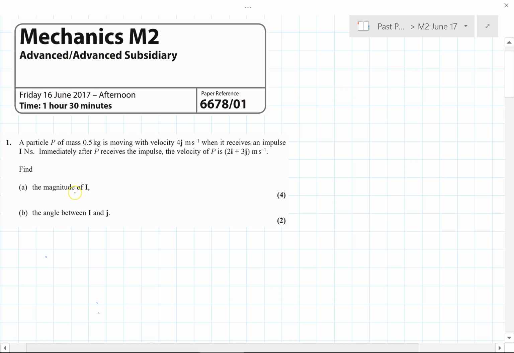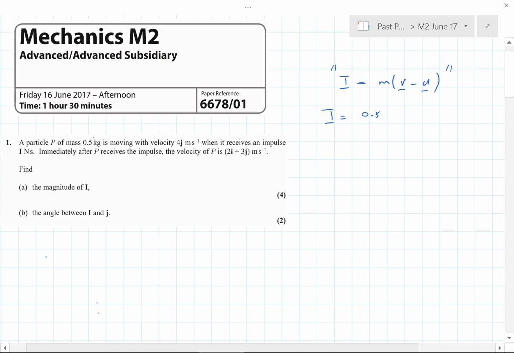Okay, we've got the magnitude of I, and the formula we're looking for is impulse, defined as change in momentum. I'm going to write it slightly more conveniently like this, but it's basically change in momentum, mv minus mu. So I'm going to put into this formula, we know that the mass is 0.5.